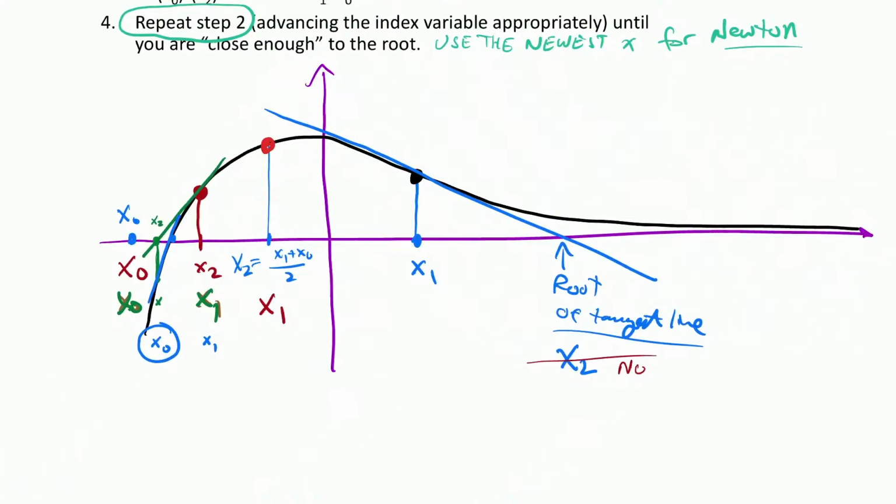So before it was this one, that was my first new x, the x2, and then it was this one. But then the next newest one on the next iteration would be this one right here. So you always just use the newest one because that one would presumably be closest to the root. So this just makes it so that you're guaranteed that you're not going to go off somewhere else. You'll always get to a root. So it kind of combines both of the methods that we have used.